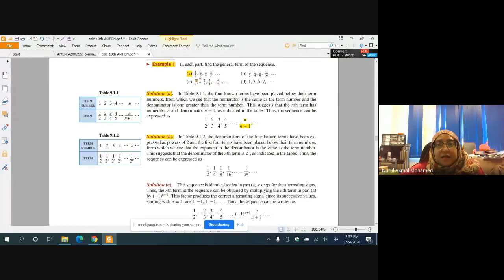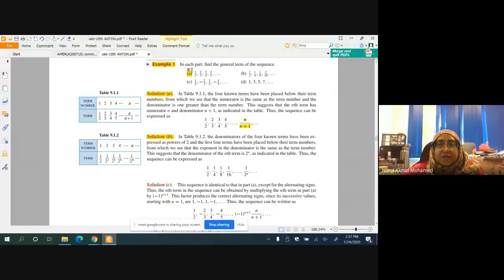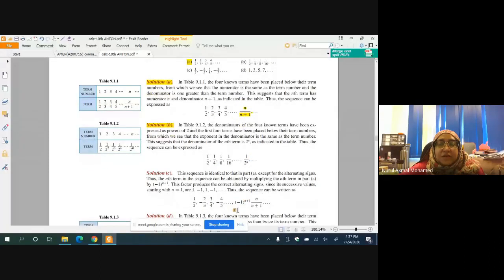If you look at the sequence, it looks similar to the previous one, but the difference is only the alternate sign. So if we connect it with the first one, it will be n divided by n plus 1, but we have to include the negative sign. For the negative sign, it will be -1 to the power of n plus 1.